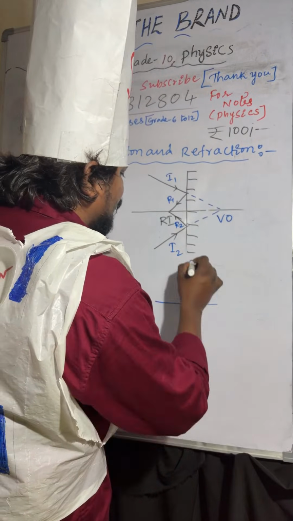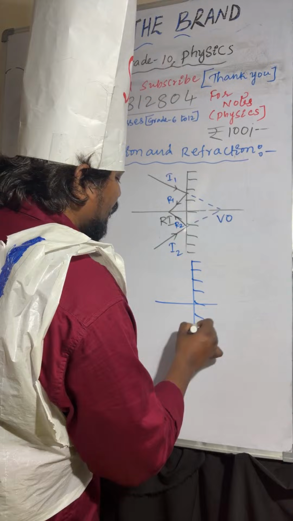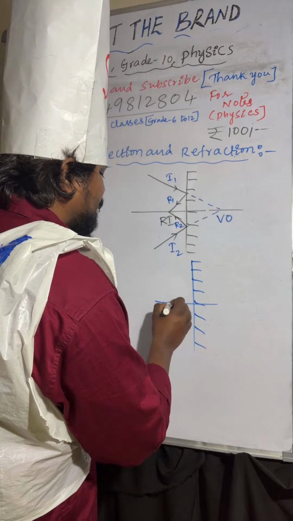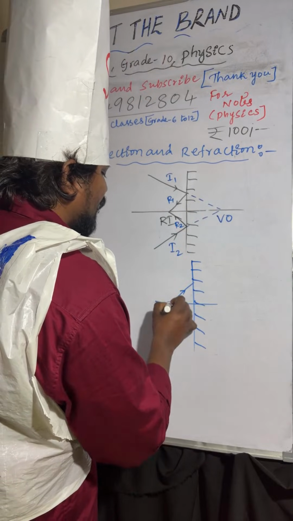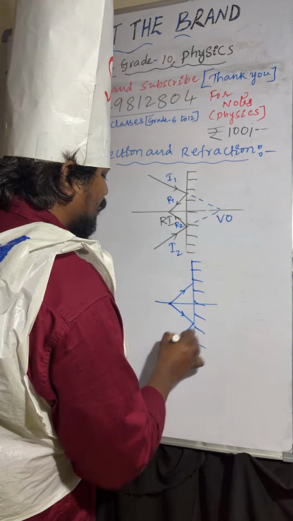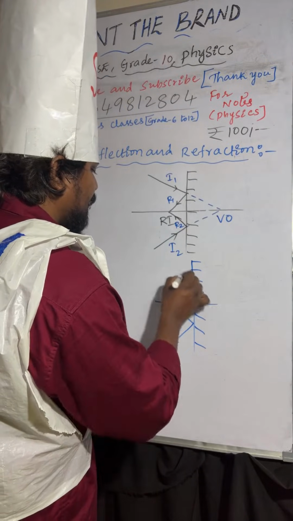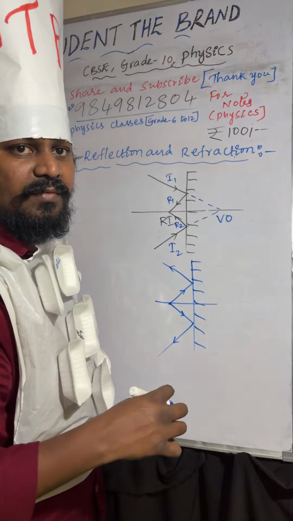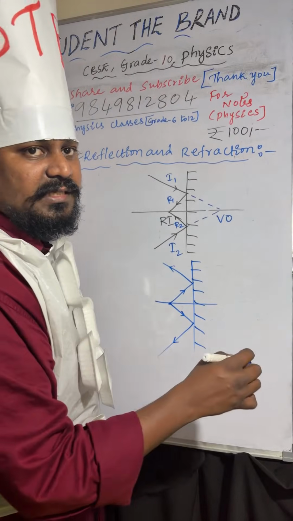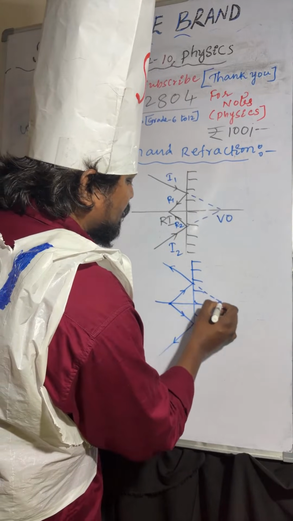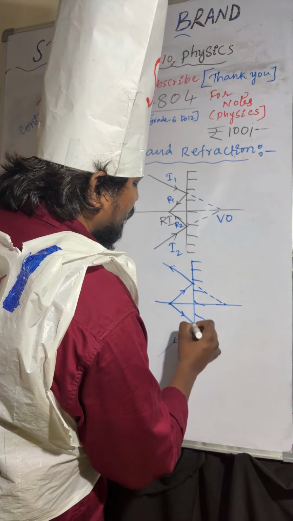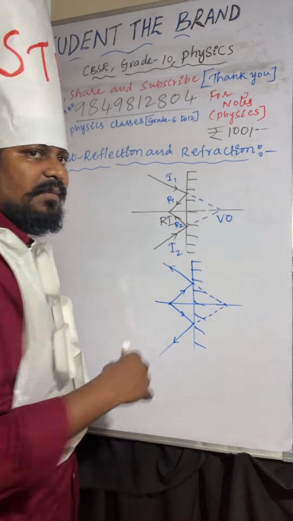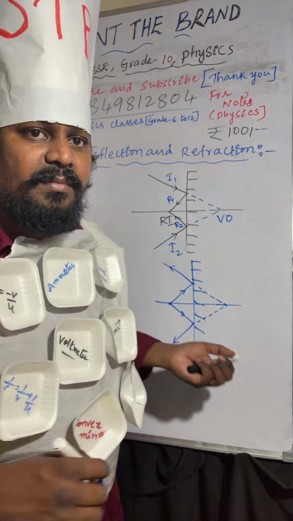And here I am drawing one more. From this point light rays are coming. After reflection, those light rays are moving away from it. If you extend these light rays, an image is formed.